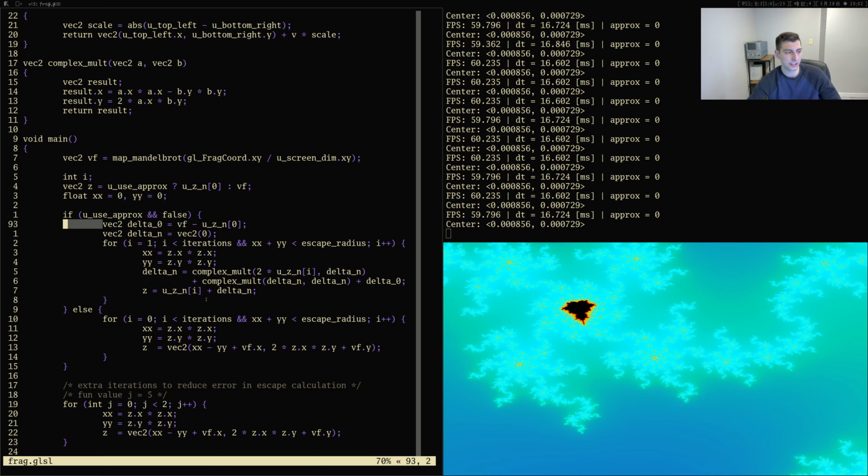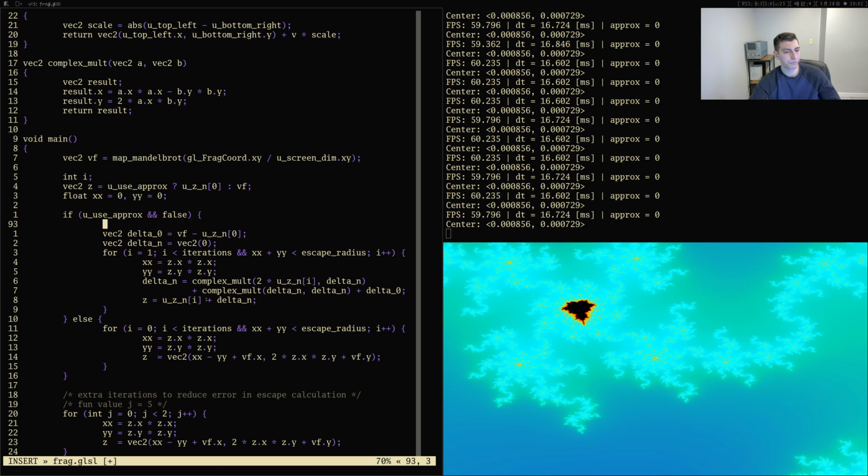Basically what the author is saying is that you can do delta n expanded in a Taylor series is equal to some coefficient an times d.